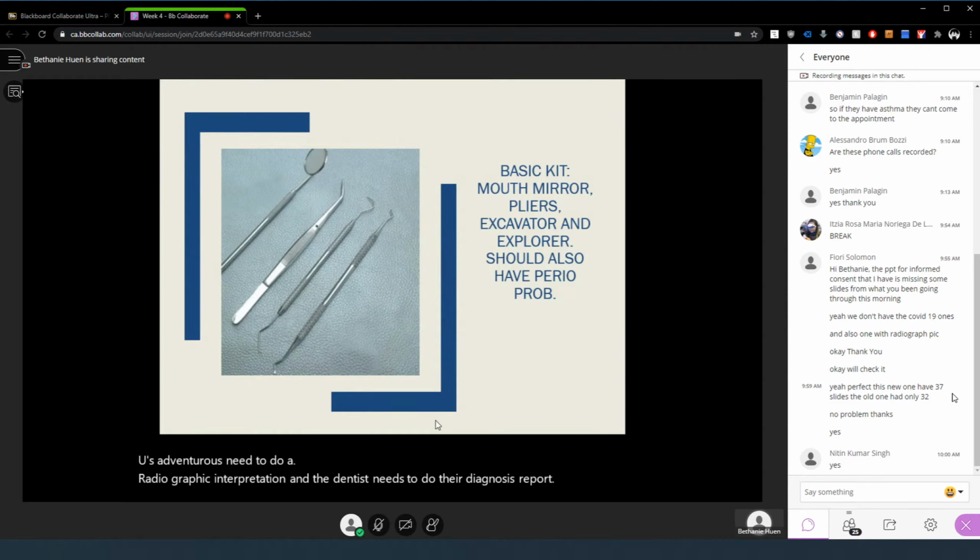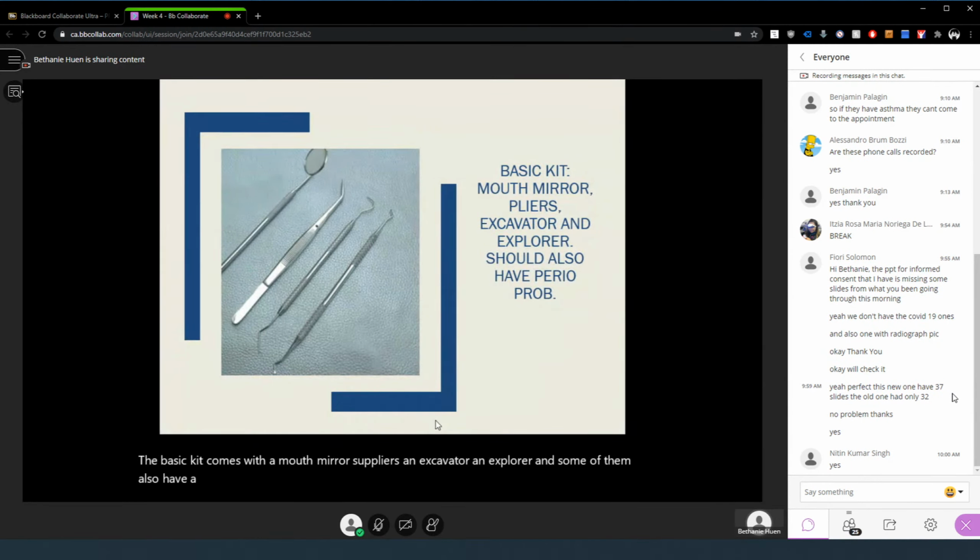For all partially edentulous clients, you need what's called a basic kit. A basic kit comes with a mouth mirror, some pliers, an excavator, an explorer, and some of them also have a perio probe.